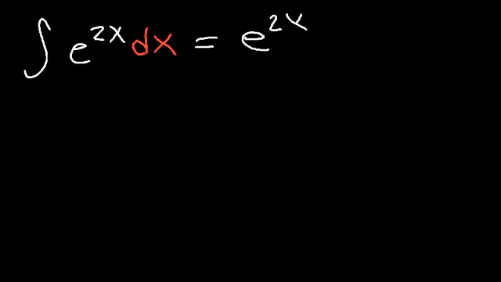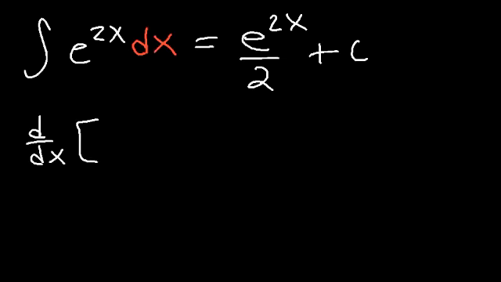So now, what do you think the antiderivative of e to the 2x will be equal to? It's going to be the same thing, e to the 2x, but it's not going to be multiplied by 2. Instead, it's divided by 2. Because if you were to differentiate the result that you have, notice what's going to happen.